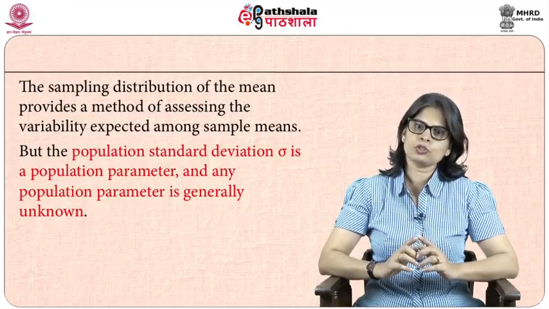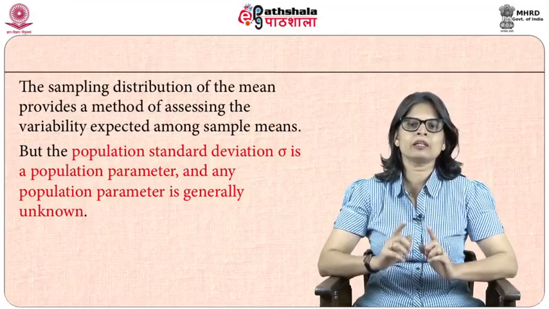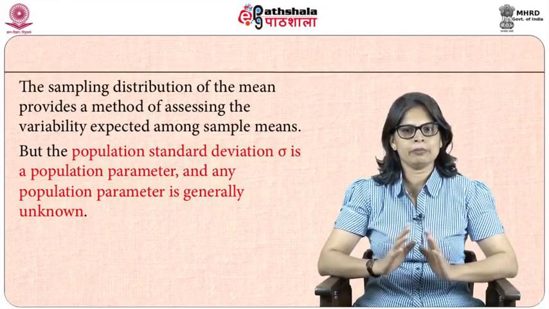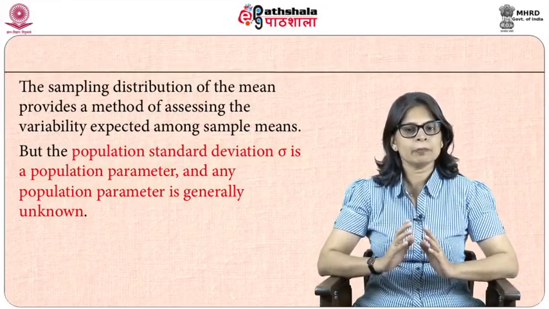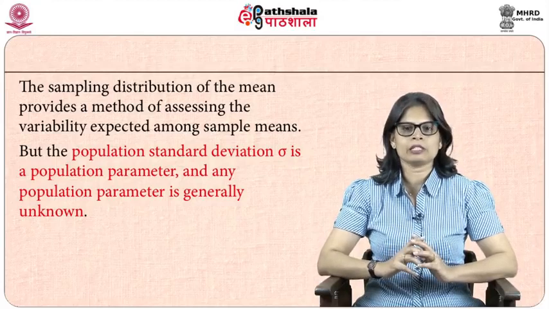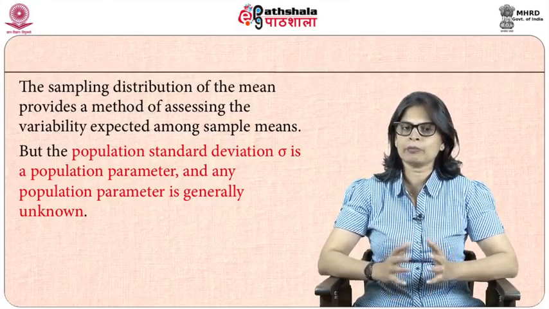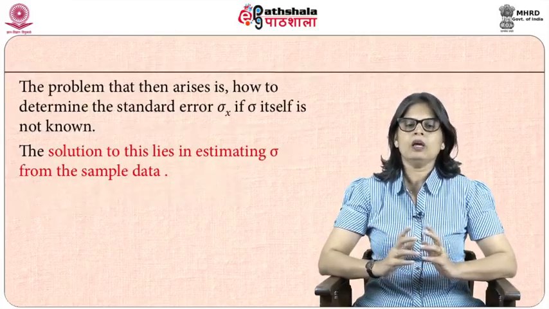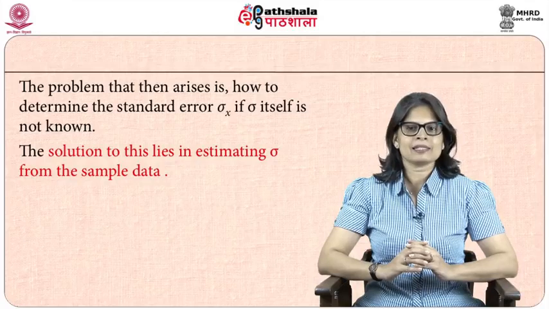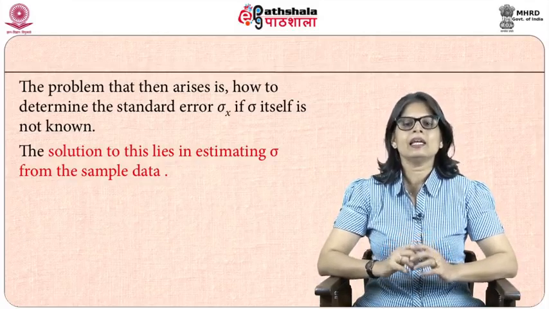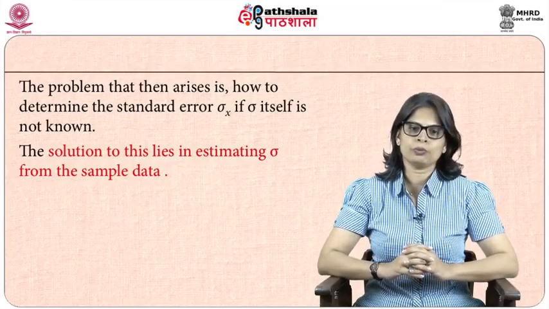The sampling distribution of the mean provides a method of assessing the variability expected among the sample means. But the population standard deviation sigma is a population parameter, and any population parameter, as we all know, is generally not known. The problem then arises is how to determine the standard error sigma x if sigma itself is not known.